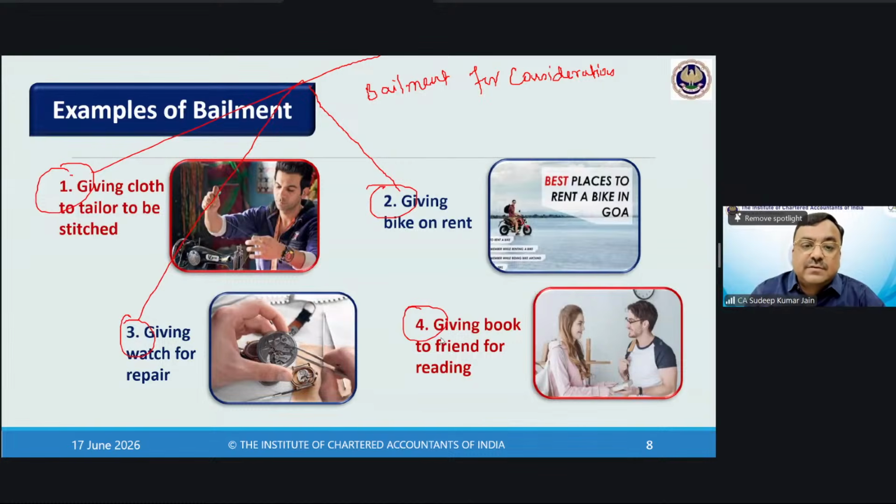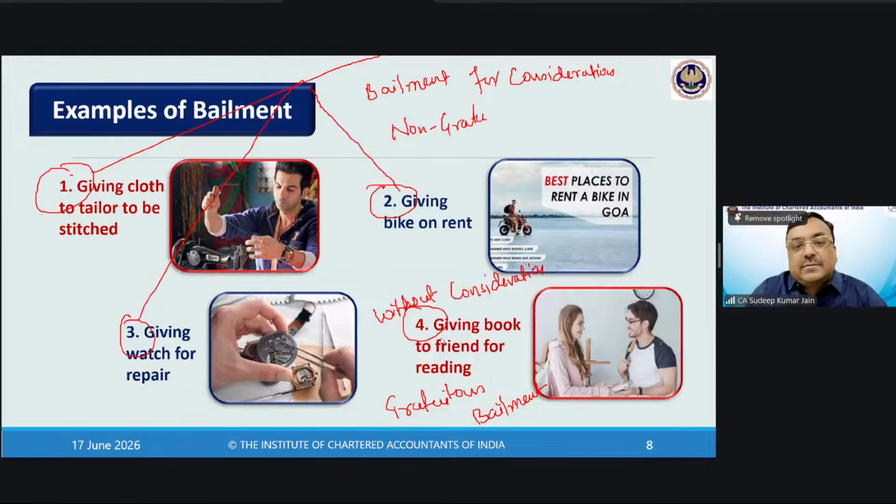And the fourth is without consideration. This is also called gratuitous bailment, free of cost, and the other is called non-gratuitous bailment. Please note down, everyone.